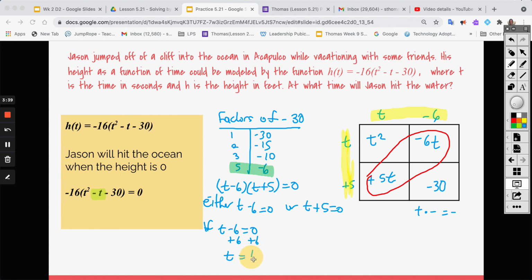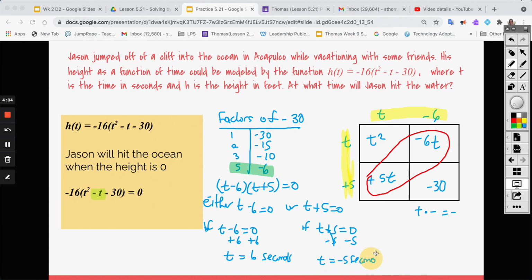T is equal to 6, and we know this is in seconds. And then if t plus 5 is equal to 0, then we would subtract 5, so t would be equal to negative 5 seconds.